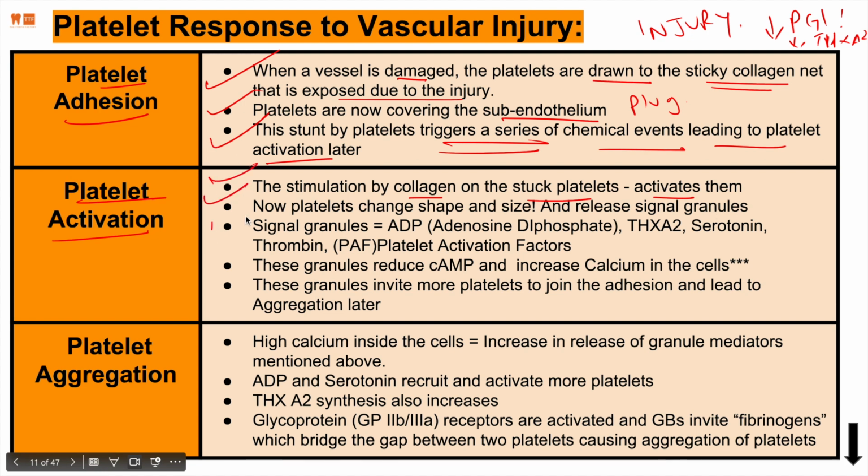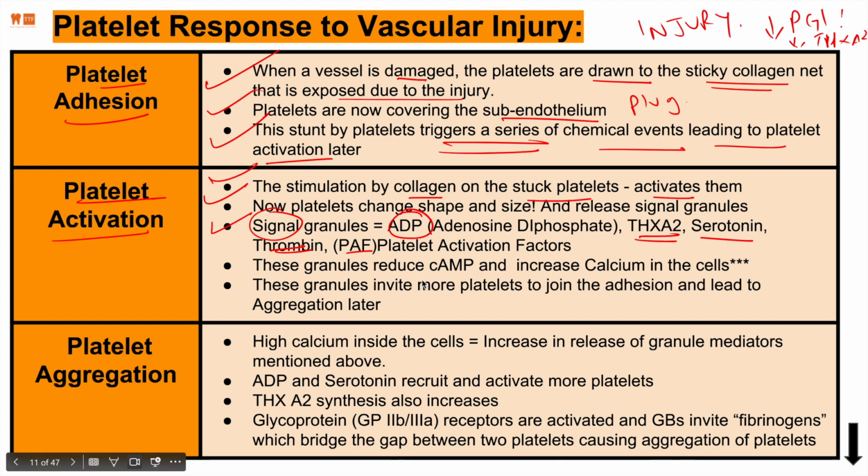Now we're talking about those signals, and the signals are known as ADP, adenosine diphosphate, thromboxane A2, thrombin, and if you remember from the diagram, there's serotonin and PAF, which is platelet activating factor. These are all signals that are now released.